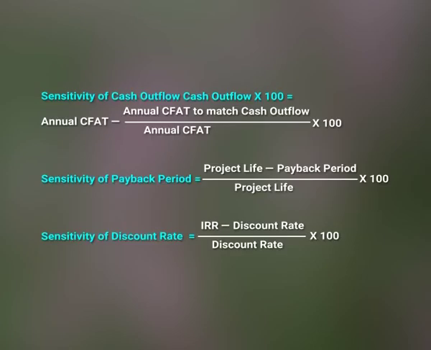Sensitivity of annual cash flow after tax is annual cash flow after tax minus annual cash flow after tax to match cash outflow, multiplied by 100, divided by annual cash flow after tax. Sensitivity of payback period is project life minus payback period divided by project life multiplied by 100. Sensitivity of discount rate is IRR minus discount rate divided by discount rate multiplied by 100.